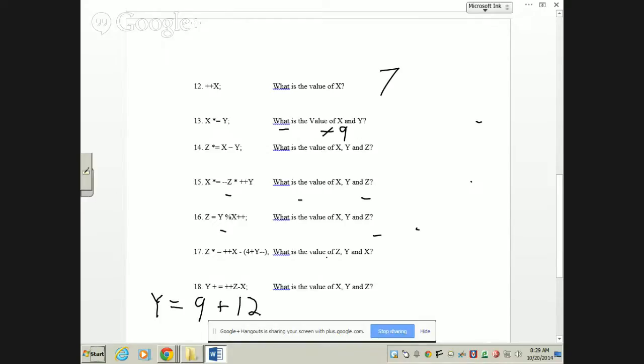Y equals 9 plus 12 minus x, which is 6. So we have 12 minus 6 is 6 plus 9. Y is 15. Z is 12. X is unchanged at 6.